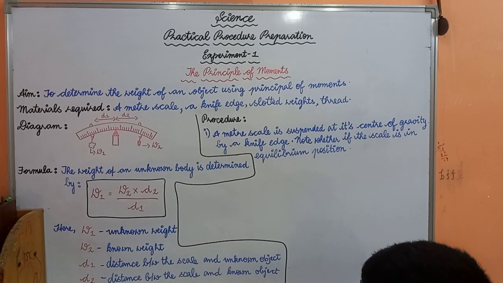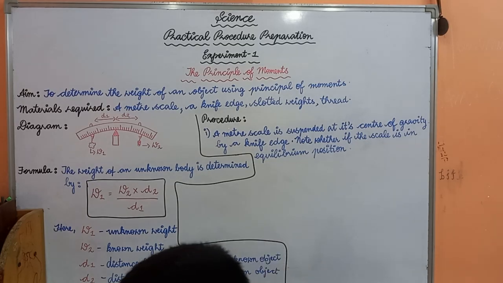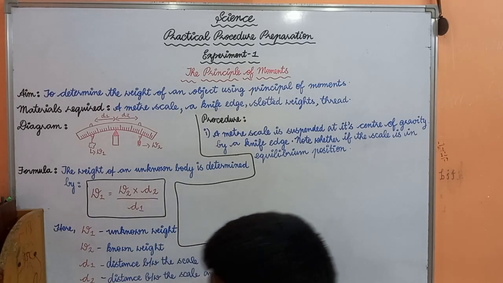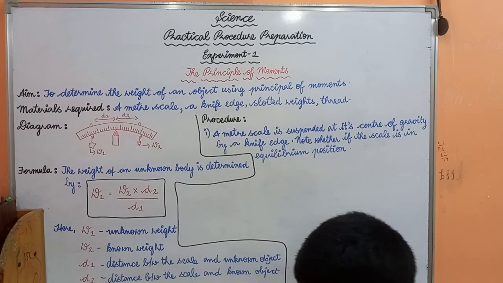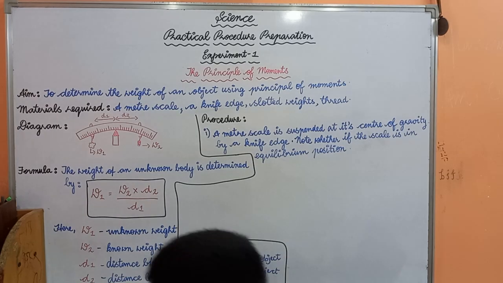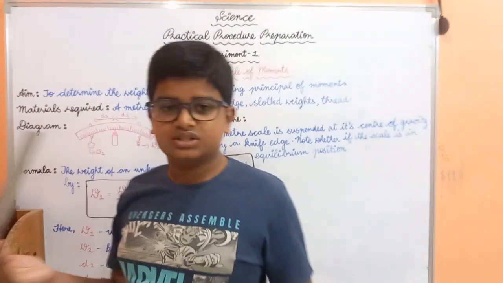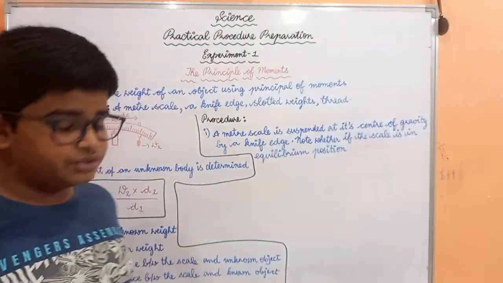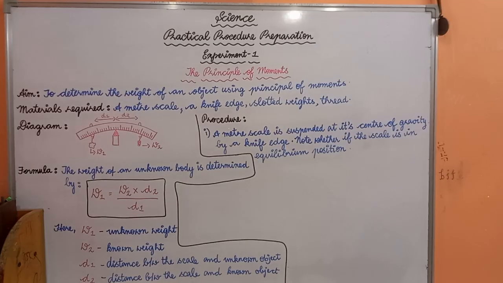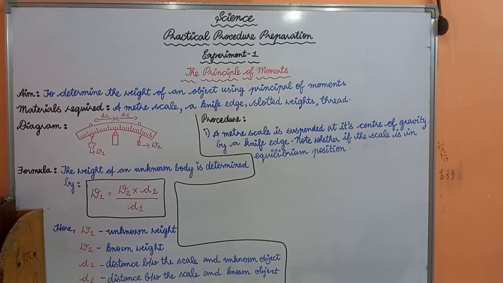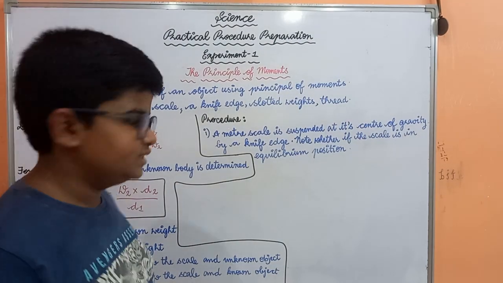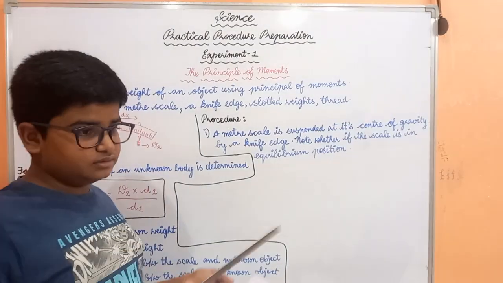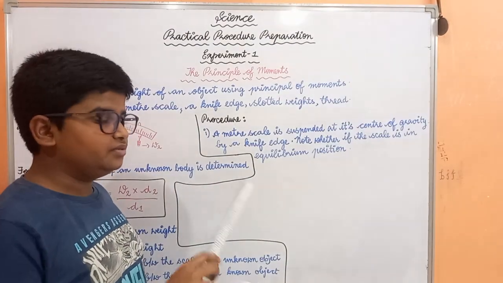Okay, for example, how can I make this clear? Imagine my finger is a knife edge. A meter scale is just a scale of 100 centimeters.